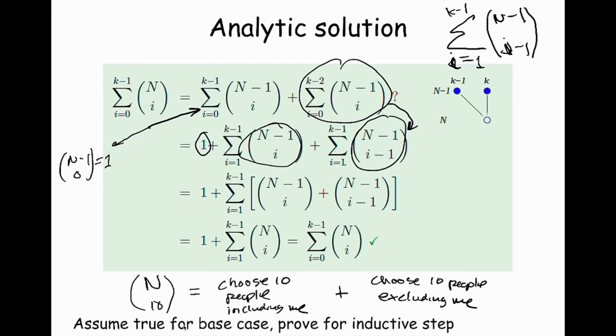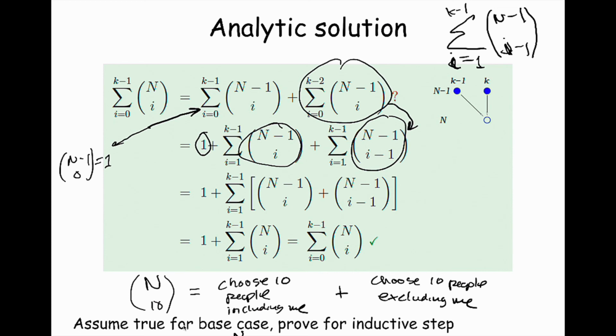So if I choose 10, including me, that means I take n and I pick those 10 people, and I'm one of the people that could be chosen. If I say choose 10, including me, that means I'm one of those 10. So I'm going to take the n and I'm only going to pick 9 people, because one of those choices includes me.